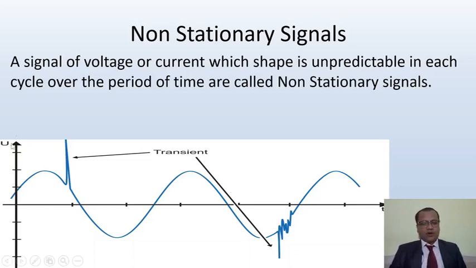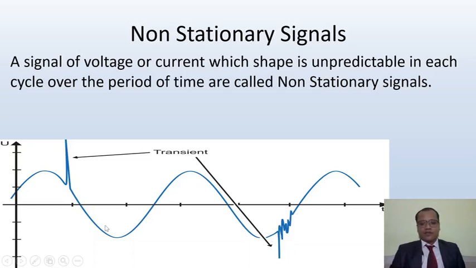If you observe here, it may be a graph of any quantity, voltage or current, with respect to time. In this particular half cycle, we can observe a transient, the next half cycle is sinusoidal, and if we go further, here again is another transient.